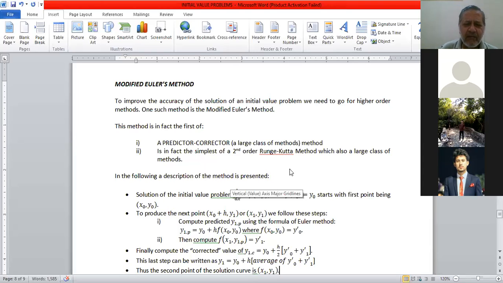Amongst them, the method is fourth order method that was developed by the German mathematicians Runge Kutta, जिसको हम उर्दू में पढ़ते हैं, रवानी में रंगे कुत्ता के पढ़ देते हैं. And it doesn't sound nice, so it's very popular that we call them RK methods. So amongst the RK methods, the fourth order is very popular. And this method that we are going to study under the heading of modified Euler's method is only a second order RK method.